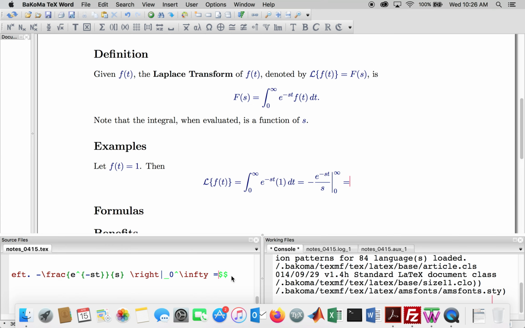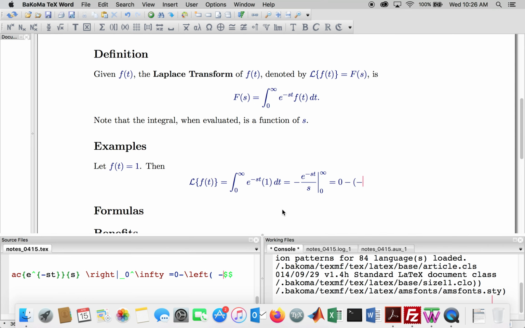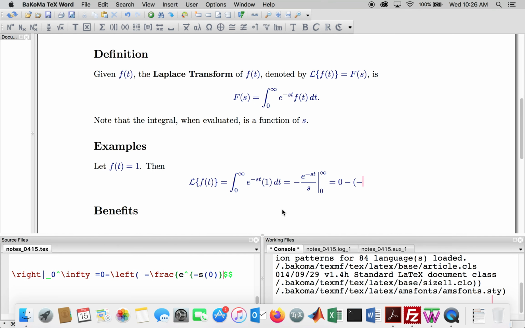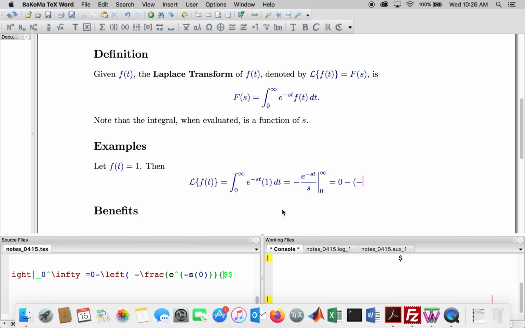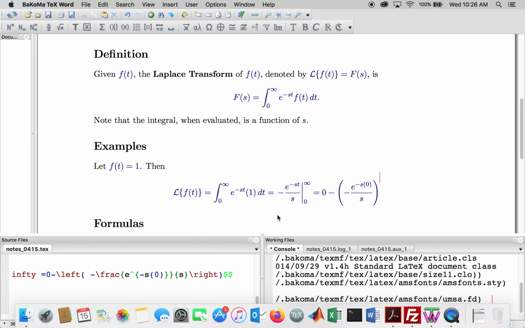So we'll get 0 from plugging in the upper limit. And if we plug in 0 for the lower limit, e to the 0 is 1.